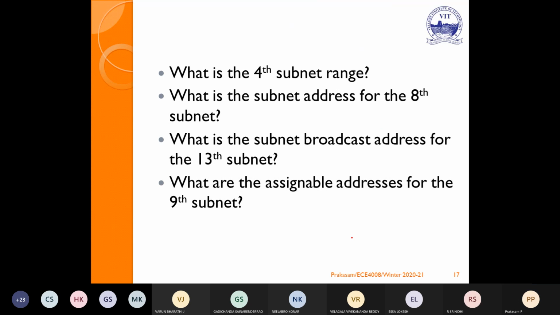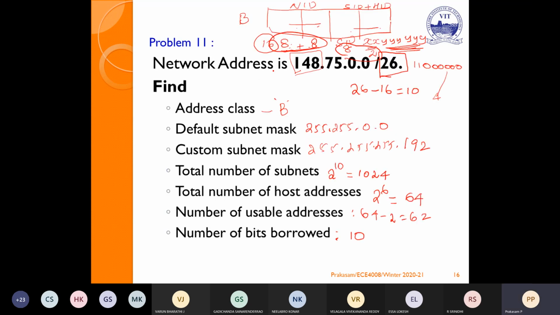Excuse me, sir. The total number of host addresses is per subnet? Yes, it is per subnet. Sir, what is the custom subnet mask? Does it show the number of subnets?